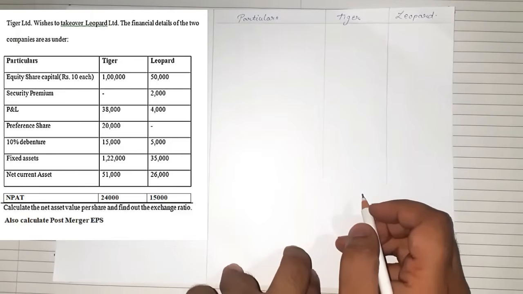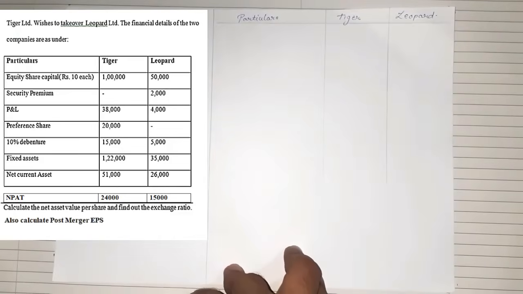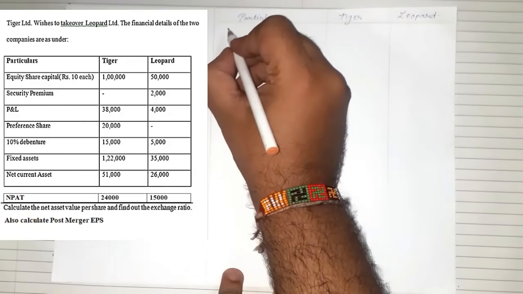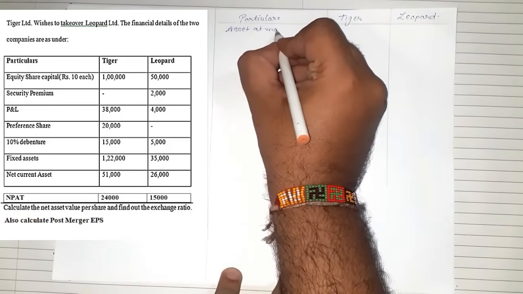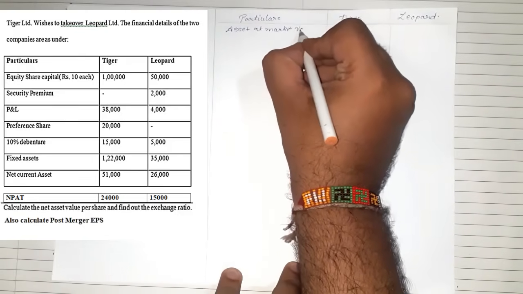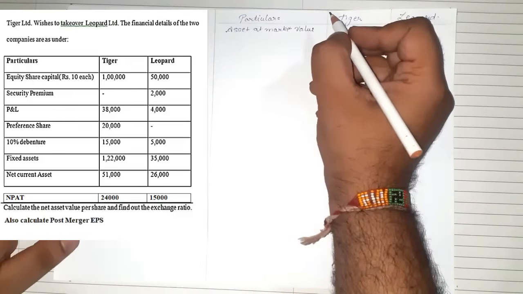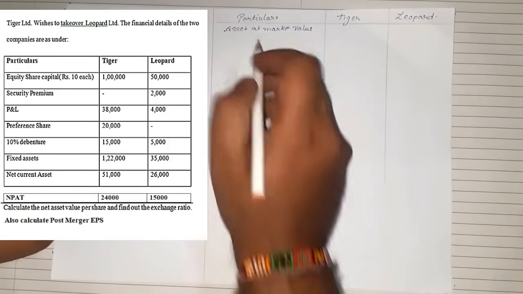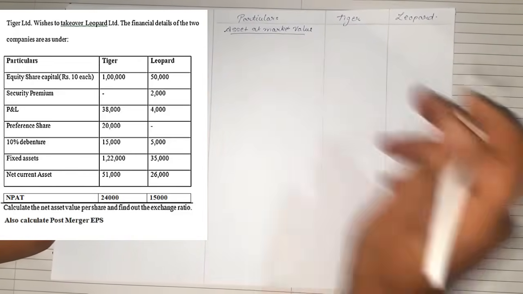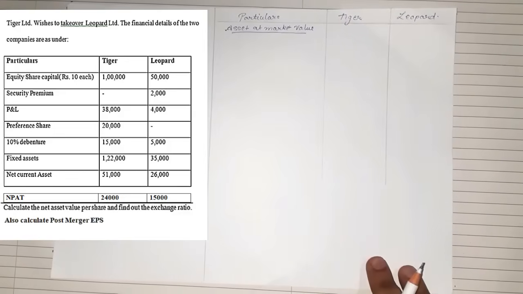As per the format, it's always assets at market value less liabilities, that is outside liabilities, less preference shares, and thereafter whatever is available is nothing but the net asset available to the equity shareholder. So number one, we'll write assets at market value. We will underline this line, assets at market value, and note down what all assets have been given to us in the question.